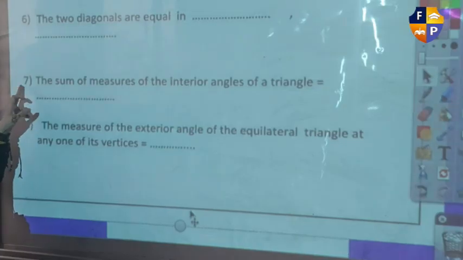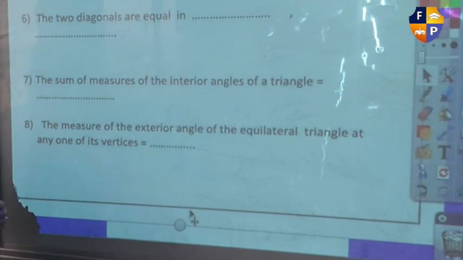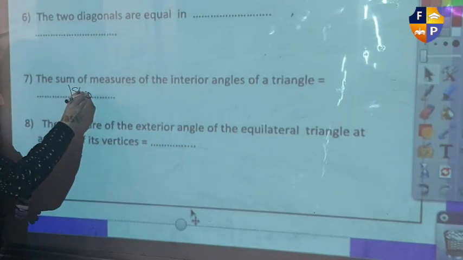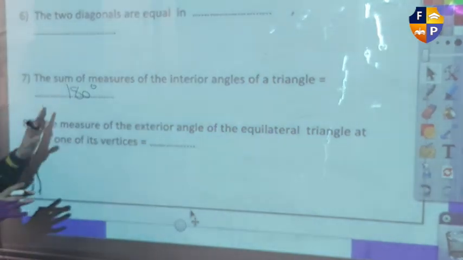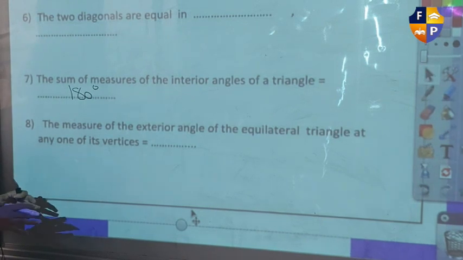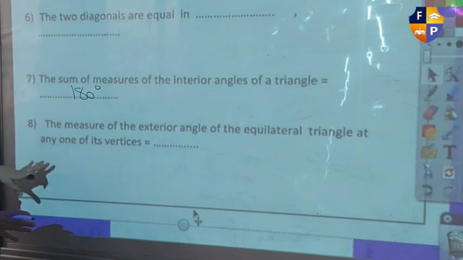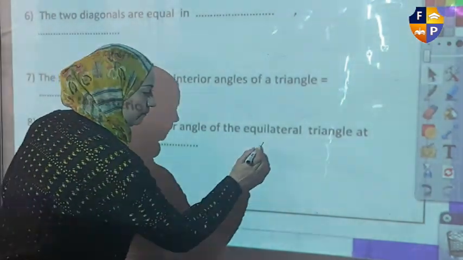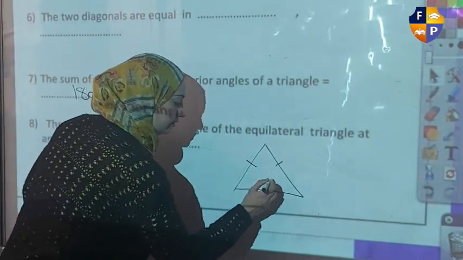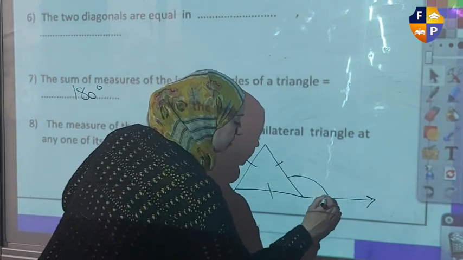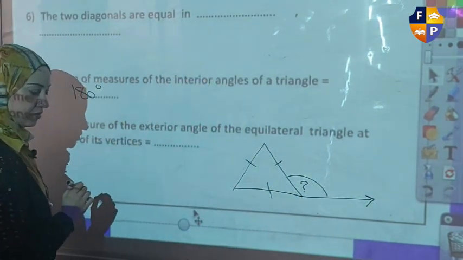Number 7, the sum of measures of the interior angles of a triangle equals, as we know, 180. It's old information. The measure of the exterior angle of the equilateral triangle at any one of its vertices: we want to get this exterior angle.